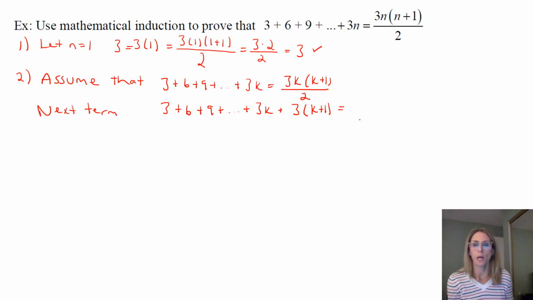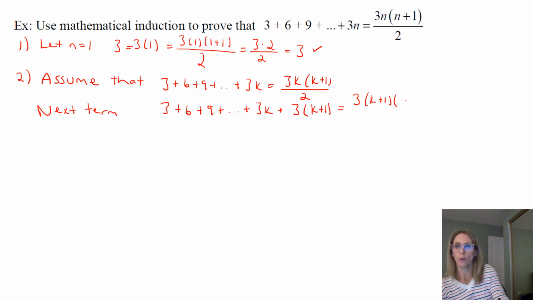So we do need to make sure that we put the k plus 1 in parentheses. And then on the other side, we have 3, and we're going to change that k to k plus 1. And we're going to change that other term to k plus 1 plus 1, or k plus 2 over 2. So this is what we're trying to show.